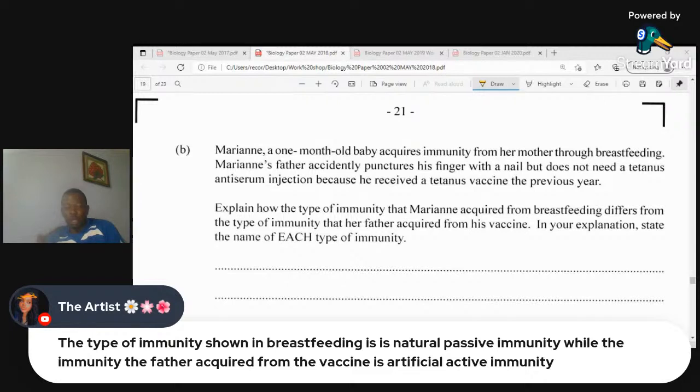Now, how this works is that babies are not producing antibodies, so the antibody would have been produced in the mom and it is passed on to baby.